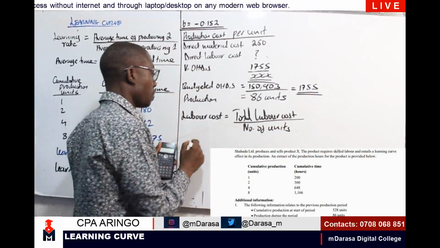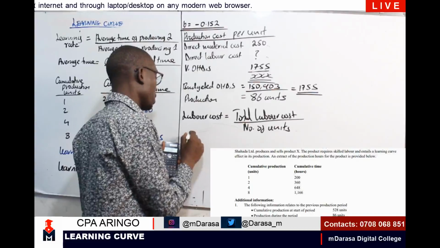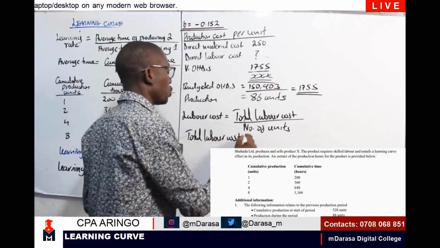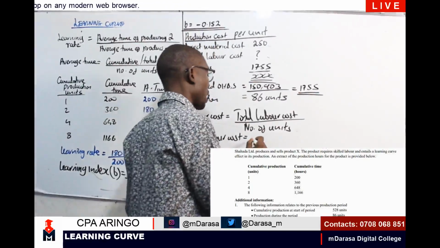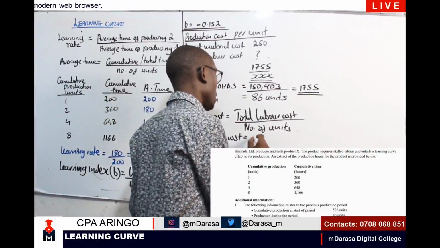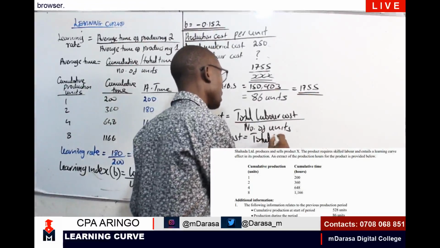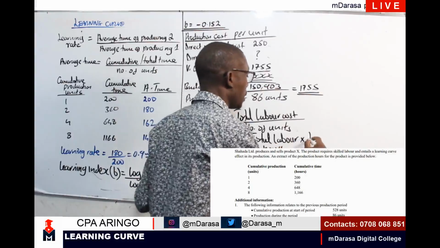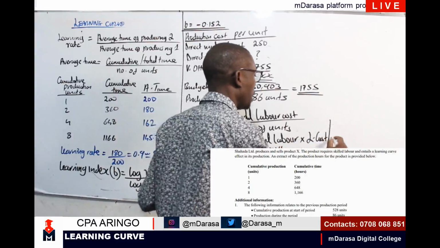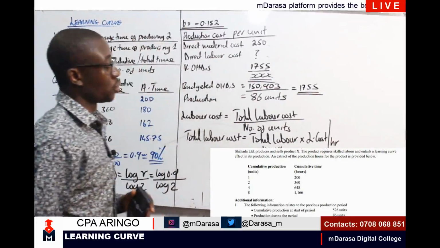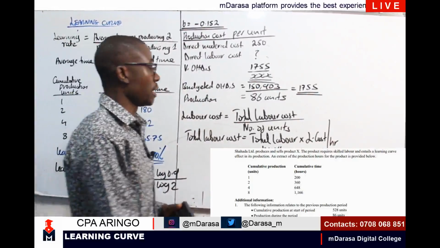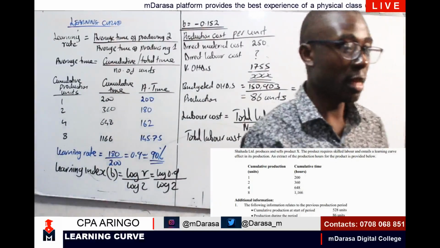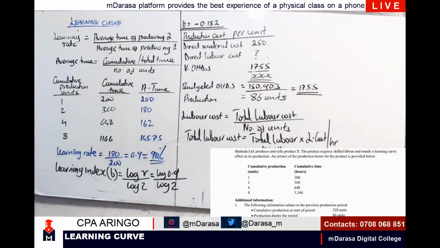To determine our total labor cost, we should be talking of the total labor hours, which we multiply by labor cost per hour. In our question, clearly the examiner had given us labor cost per hour. But we don't have the total labor hours.